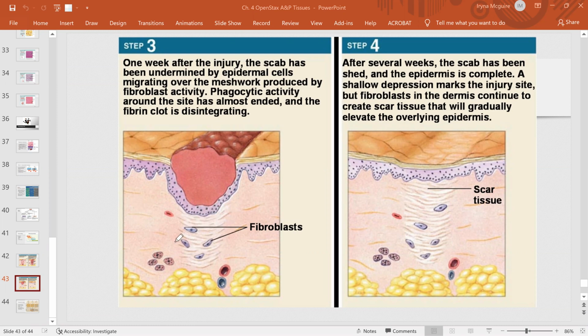So that's how scar tissue is forming. So we have now fewer white blood cells because most of the debris was removed. Now those epithelial tissues start pushing this scab to the surface and pretty much completing this covering underneath of it, right?